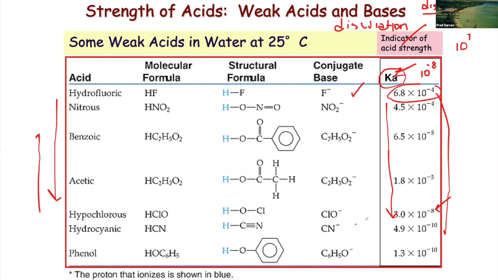These chemicals down here are the weakest among the weak. And we use these values, these Kas, as a way to indicate their weakness or their strongness in terms of getting rid of their hydrogen. Okay, so these are weak acids down here. These are weak but fairly strong weak acids up here, relative to making that comparison.